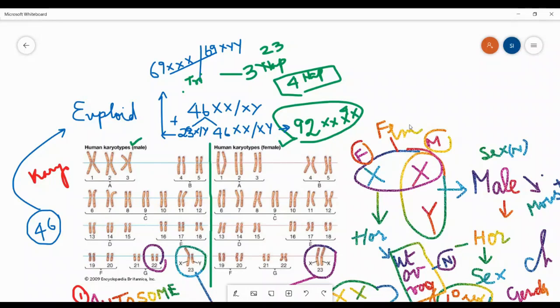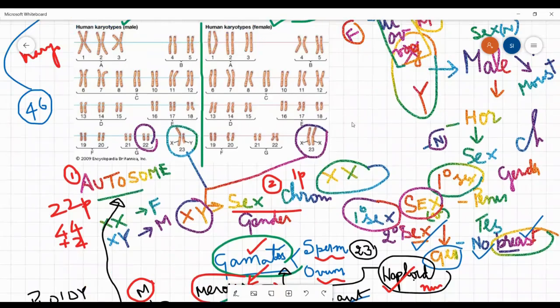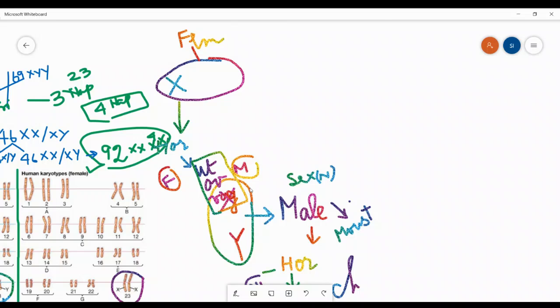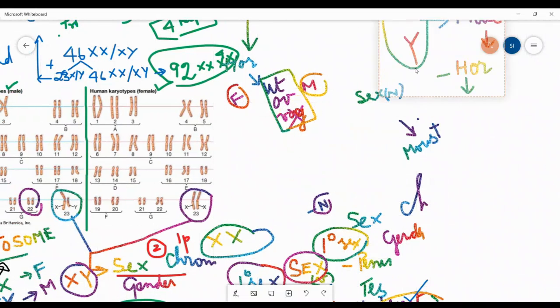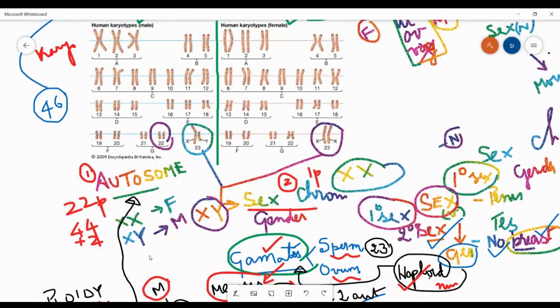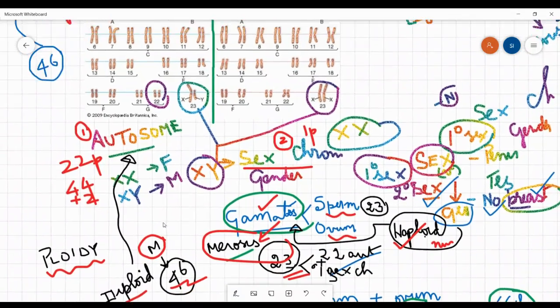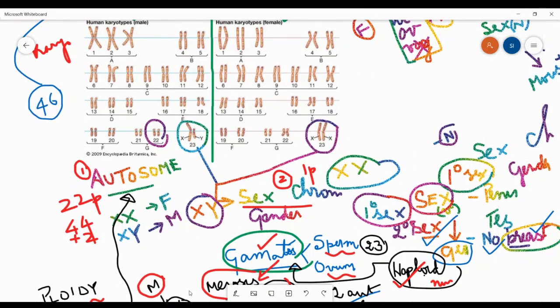Next, we go to the concept of aneuploidy. So in aneuploidy, we have an additional number of chromosomes. So we are now looking at 21. 21 trisomy is an example of aneuploidy.